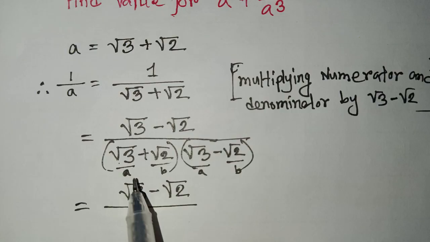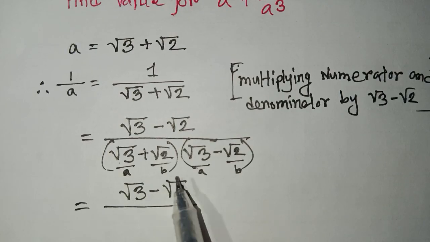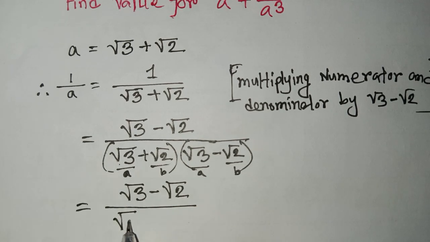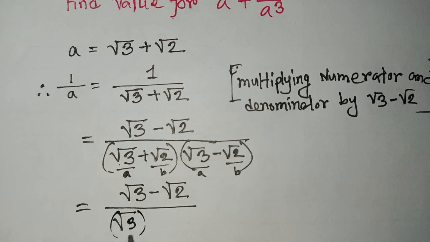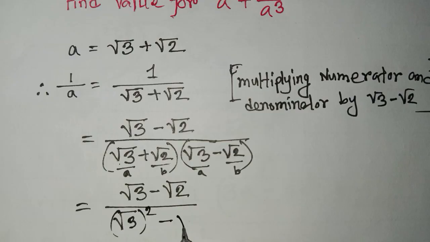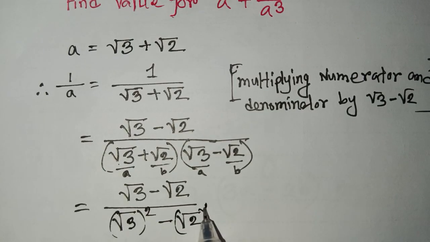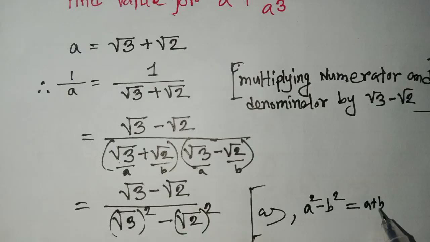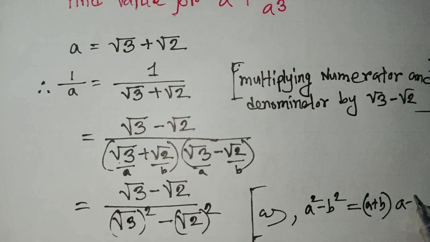So the formula: a plus b times a minus b equals a square minus b square. We can write root 3 square minus root 2 square as a plus b times a minus b.